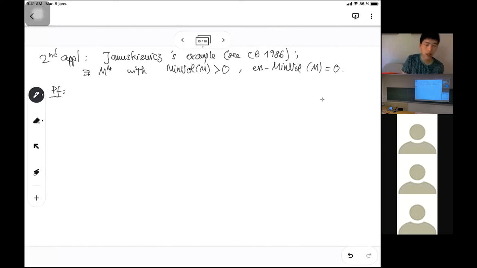Let's see. So how do you construct such an object? The idea is going to be to cook up a four manifold that has a non-vanishing signature that will show that the minimal volume is non-trivial. But on the other hand, we will construct by hand almost an F structure of positive rank.